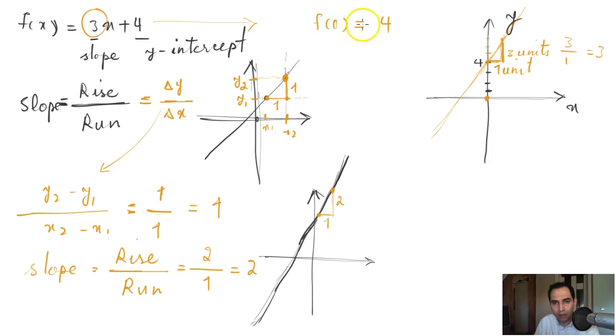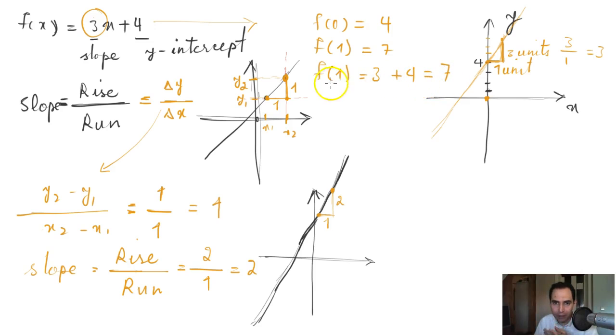Now if I add 1 unit change to the input of the function, if I calculate f of 1 here, just adding 1 unit, the function is supposed to add 3 units to the output. So adding 3 units to the output, I'm supposed to get a 7 over here, but let's verify if that's true. So f of 1 here is equal to 1 times 3, which is 3 plus 4 is equal to 7.